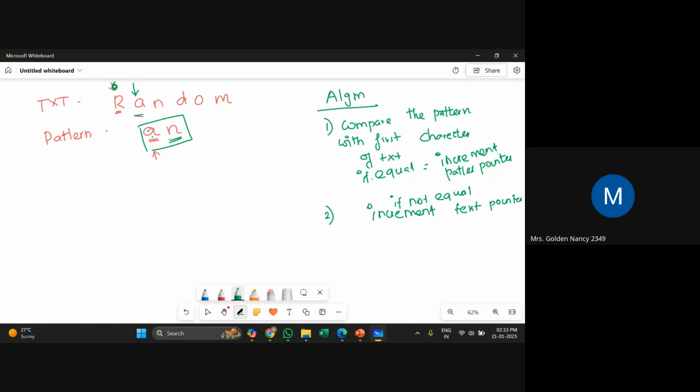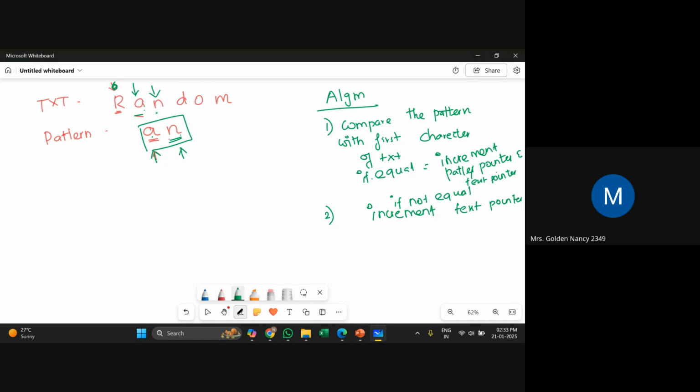Since A and A is matching, I have to go for the next letter in the pattern. So my pattern pointer is at this position. Now it is comparing with the next letter in the text also: increment pattern pointer and text pointer.